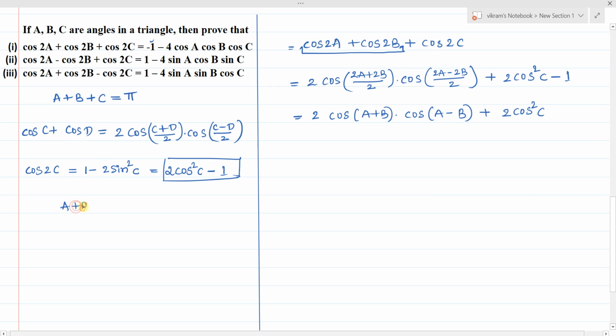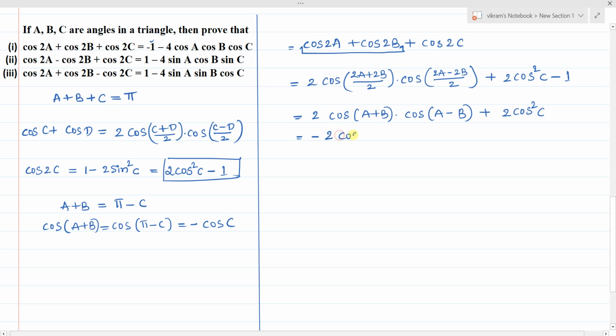From this we can write A plus B is equal to 180 minus C, and cos of 180 minus theta is nothing but minus cos theta. So cos of (A plus B) is minus cos C.